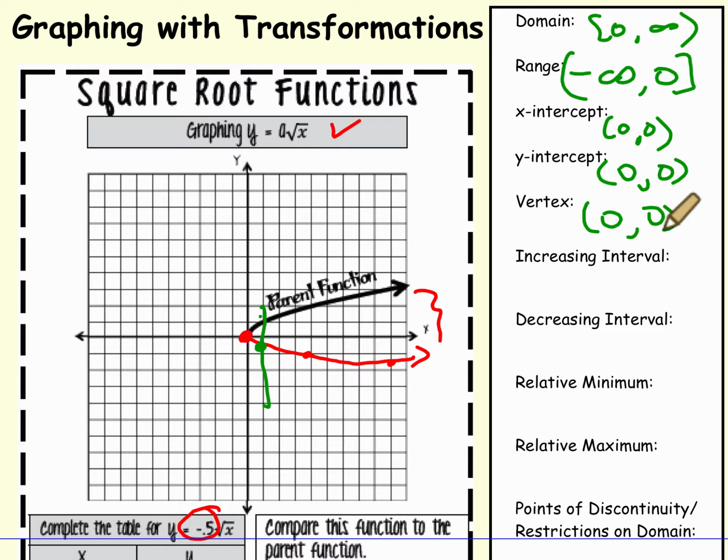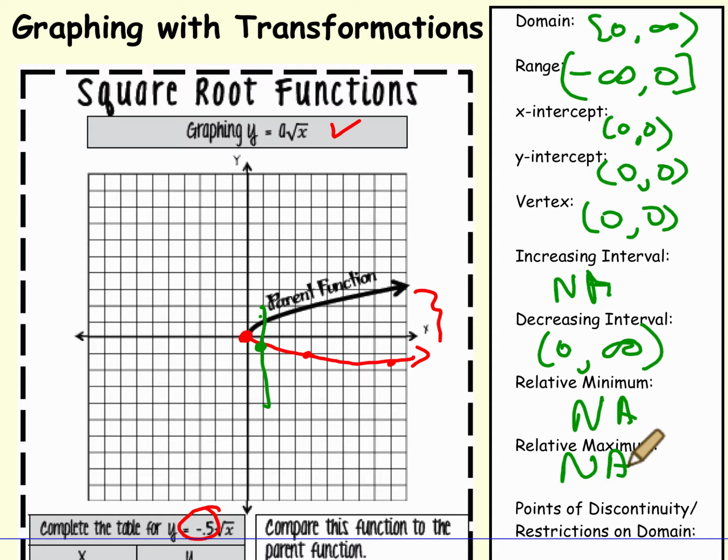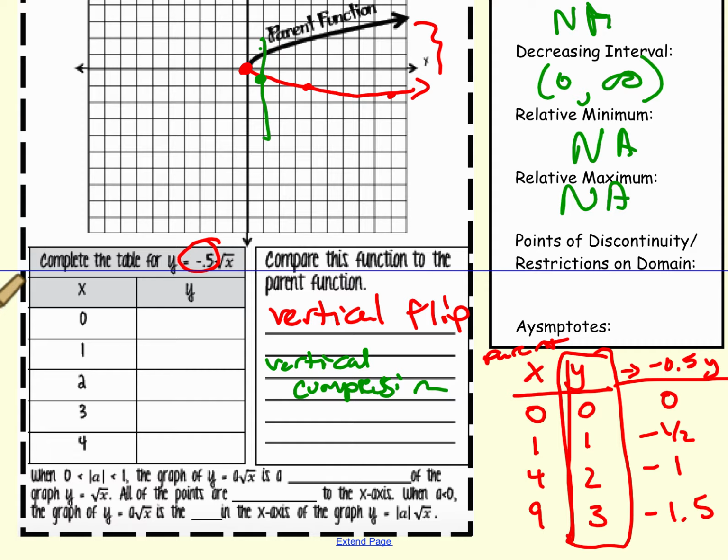This time it's decreasing, so it's starting to decrease at 0 until it gets to infinity. No relative minimums, no relative maximums. And any restrictions on the domain? Well, what's under the radical always has to be greater than or equal to 0. So the restriction on the domain was x must be greater than or equal to 0, and no asymptotes.